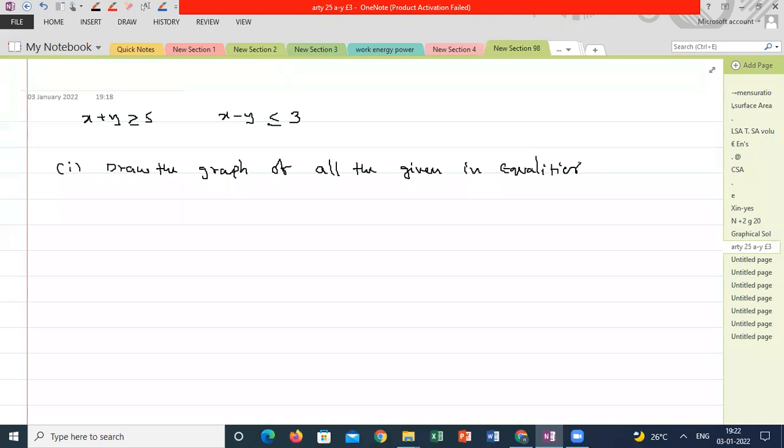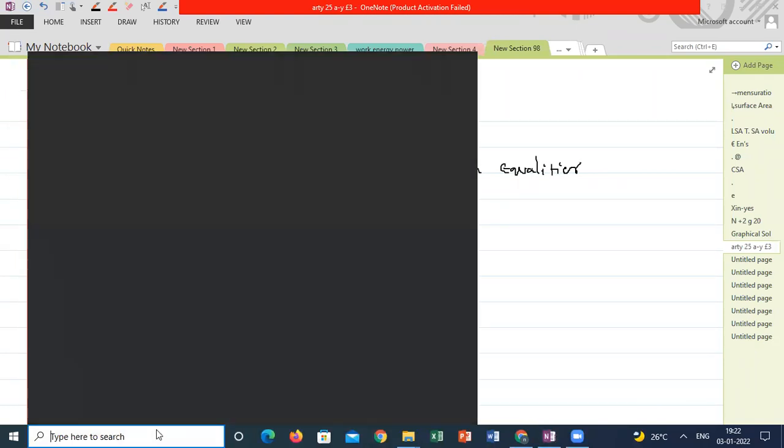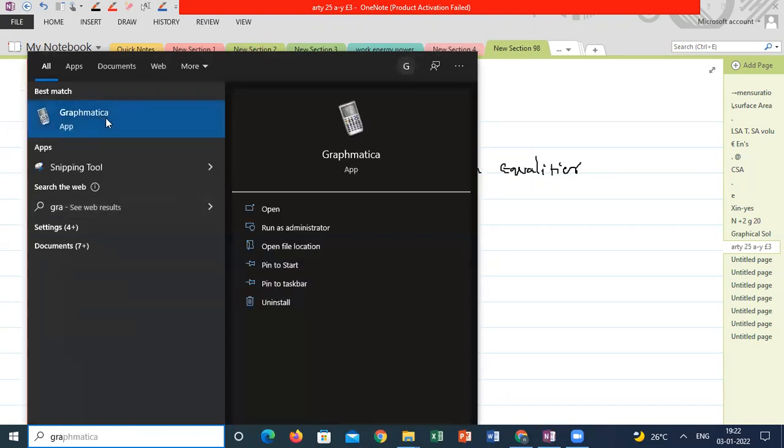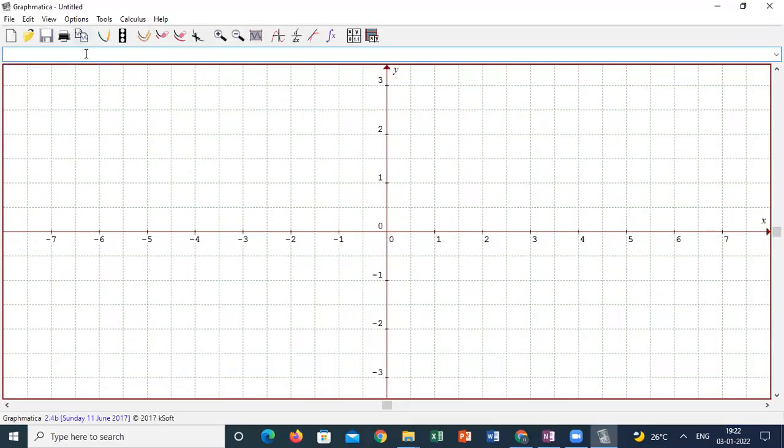One is x plus y greater than or equal to 5, but when I am drawing the graph, I have to assume this is an equation. Then only will I get the graph properly. In the same way, put x equal to 0 and we get one coordinate, put y equal to 0 and we get another coordinate. I am not going to repeat that method here. Straight away I am going to the graph.